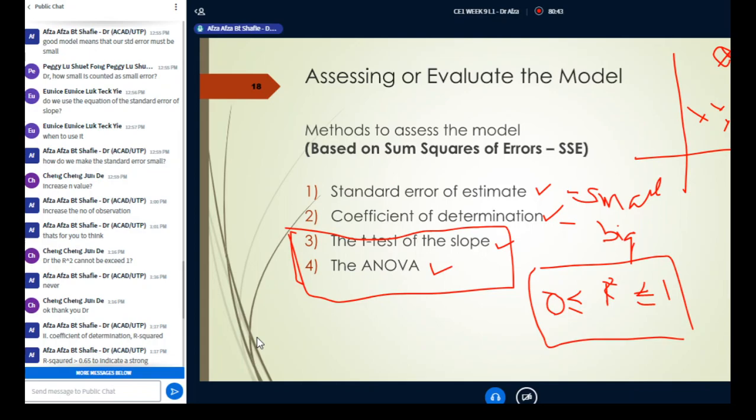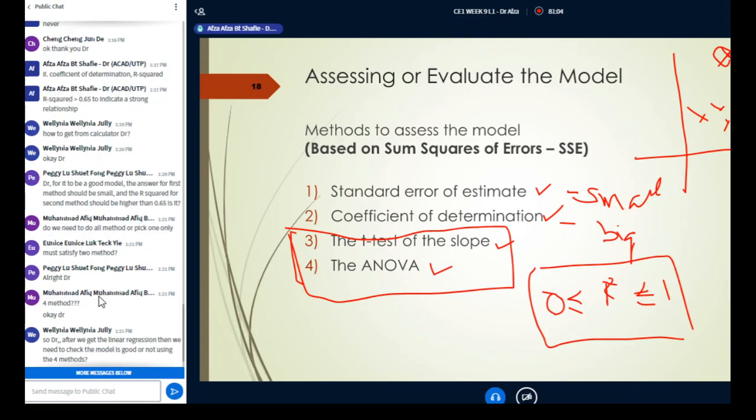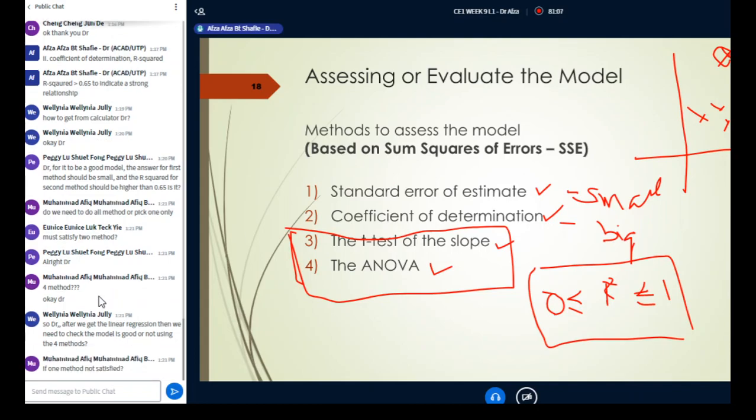When we talk about the linear model, it doesn't mean that it is in the form of y equals ax plus b. In reality it can also be an exponential relationship, because if you take the log, then it becomes log y equals log a plus b log x, for example. So it doesn't mean that it is always in the form of y equals mx plus c.